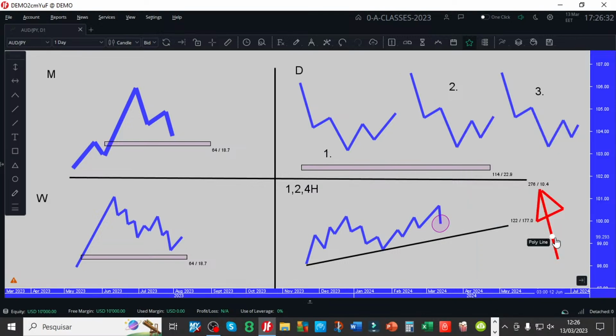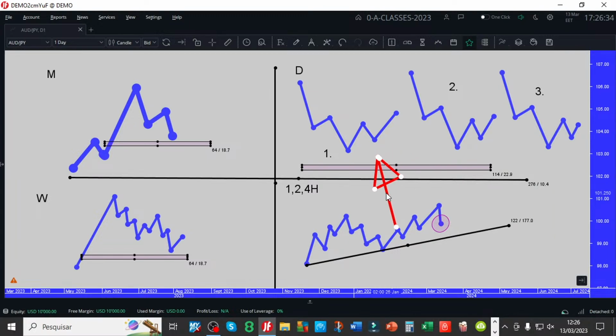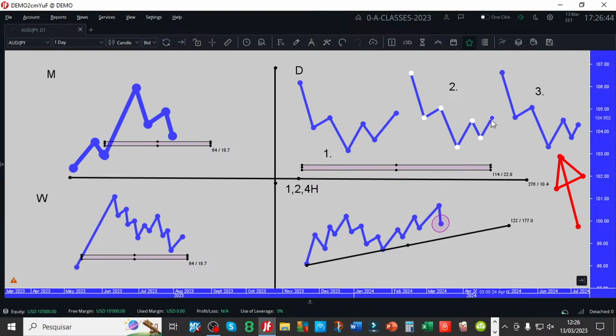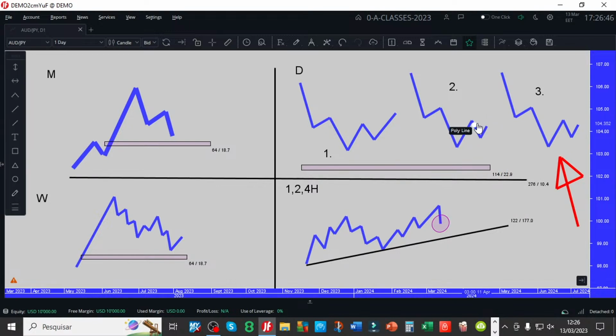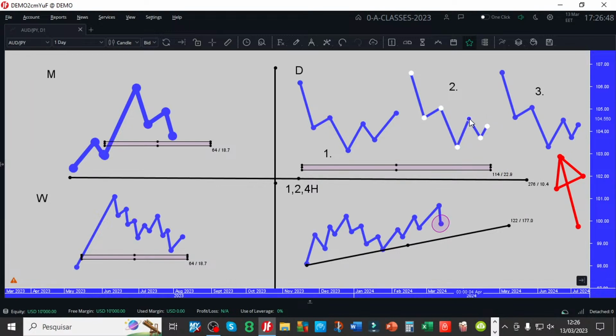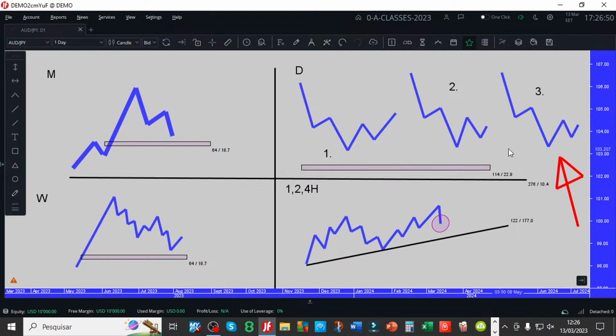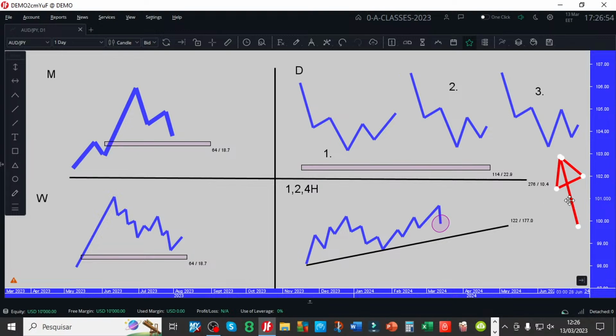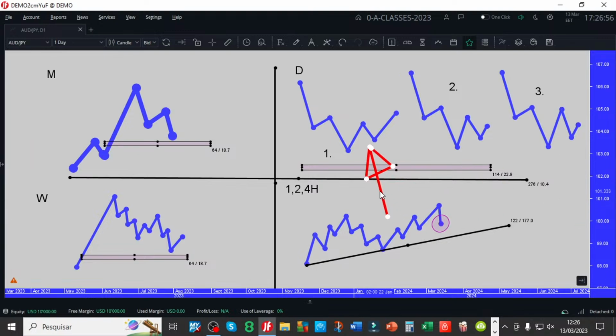It's Friday, and the market closed like this, or like this, or like this. Let's make it easier. There you go. It's Friday, market is closed.